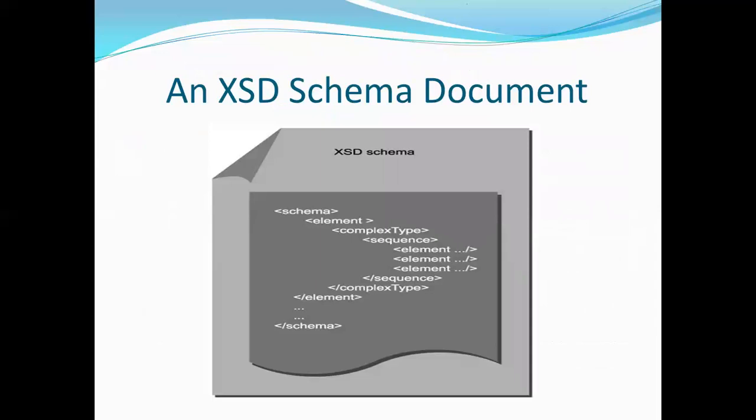So see here, the XML schema definition document uses XML tags, such as schema start, schema end, element start, element end, complex type start, complex type end, sequence start, sequence end. With the help of this document, you are providing some input to the WSDL as well as the SOAP protocol.